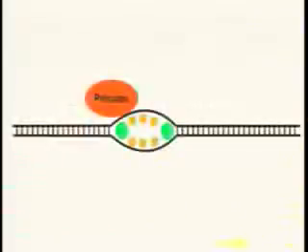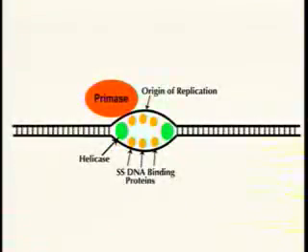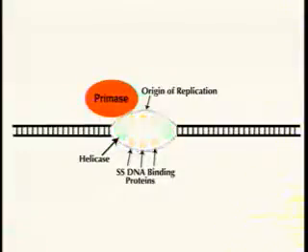Every plasmid contains at least one DNA sequence that serves as an origin of replication, which is a starting point for DNA replication. This enables the plasmid to be duplicated independently from the chromosomal DNA.